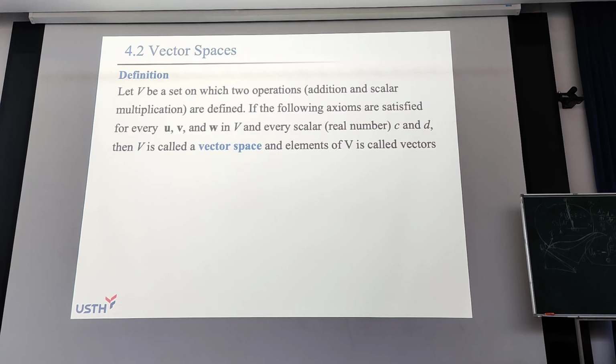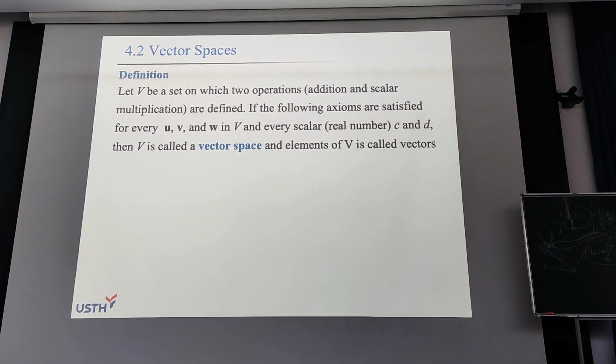suppose that we are given a set V. V is a set. On the set V, we are given two operations. Any operation, but at least we have two operations.